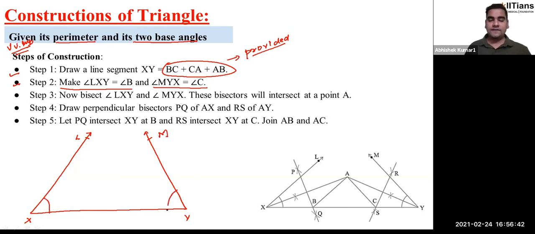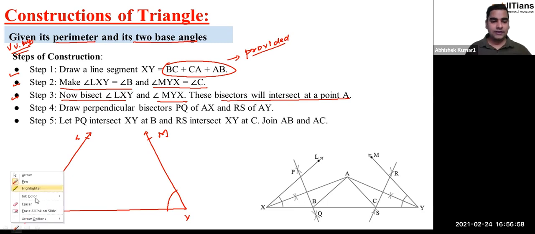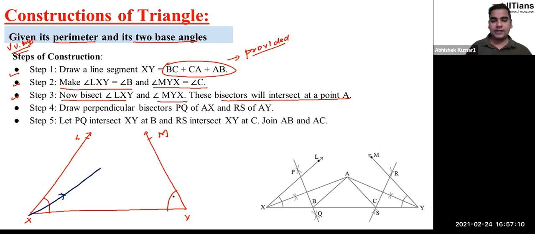After that, you need to bisect these two angles. And when you bisect these two angles, the bisectors will certainly meet at some point. You are going to call that point A. So if I bisect this angle X by taking more than half of it, let's say this is the bisector of angle X. We learn how we bisect it.